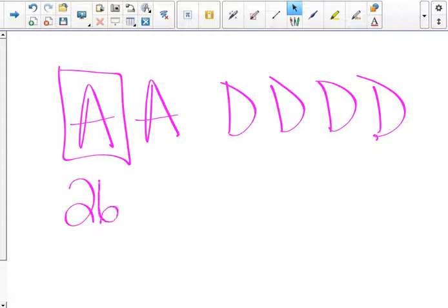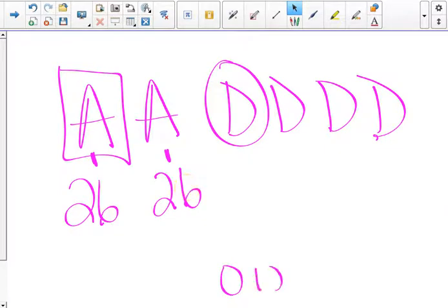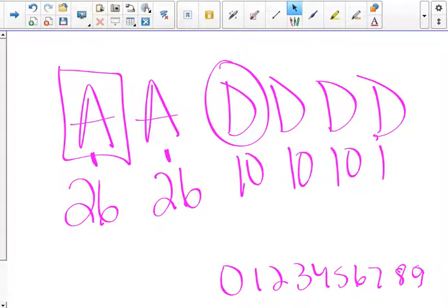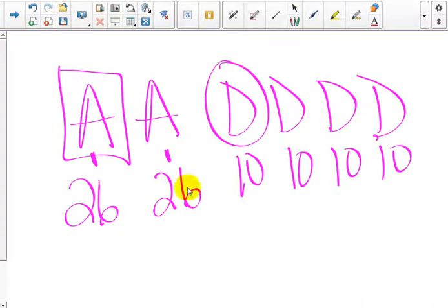So 26 possibilities for this first position, and that makes 26 for the second position. And how many digits can we display? Well, it would be 0, 1, 2, 3, 4, 5, 6, 7, 8, 9. So there's 10 different digits we can put there. And same for these positions. So when the fundamental counting principle says how many different possibilities do we have for this password?